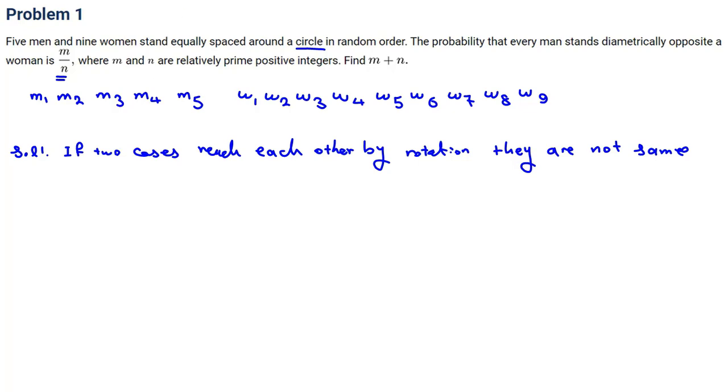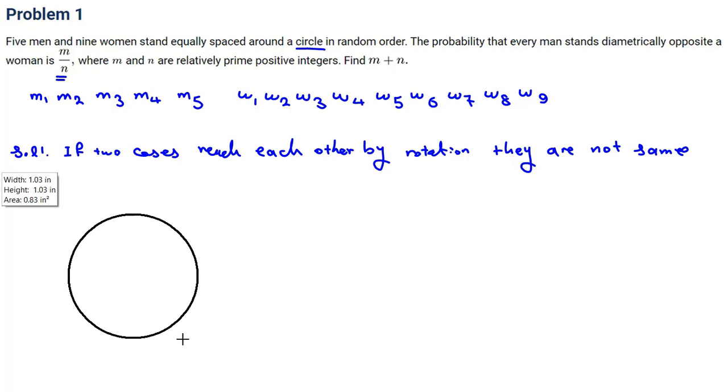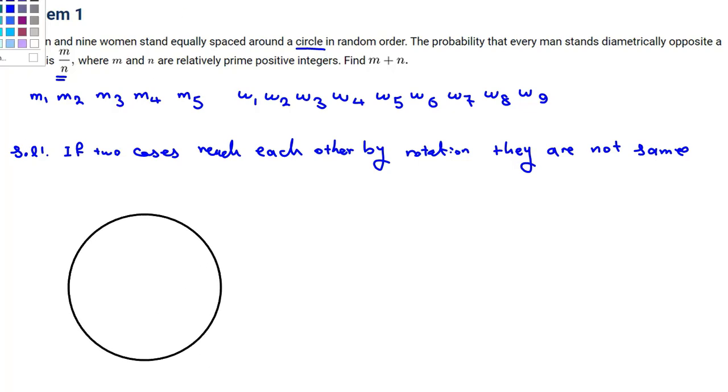So let's start. At first, we draw a circle, and one important point that is very useful is that when you have something, for example, M1, M2, M3, M4, M5, consider the most limited case. Start from this. It is very useful.